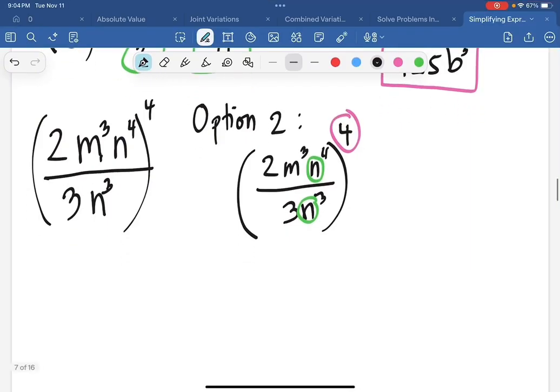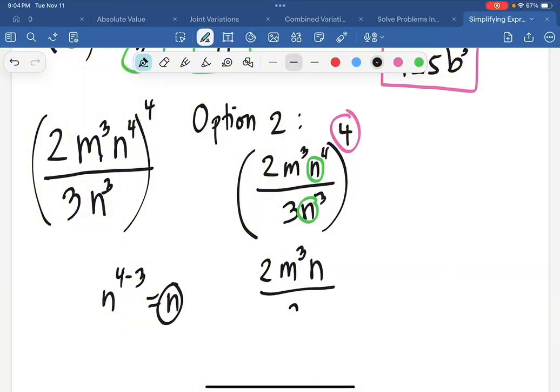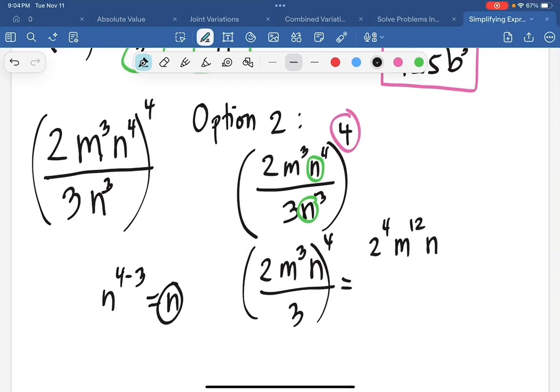So we get to have 2m cubed, and again we have here n, so n raised to 4 minus 3, which is n raised to invisible 1, or just n. So n over 3, and then we get to have the exponent 4. So same as earlier, we have 2 raised to 4. 3 times 4 is 12. And n, again, we have an invisible 1. So 1 times 4 is 4 over 3 raised to 4.